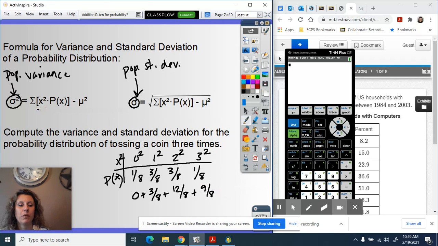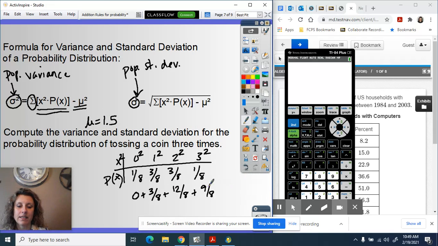So we've just performed this portion of the formula. We still add them together. So we're going to add those straight across. But then we can't forget that we're going to subtract off the mean squared, which remember, we calculated the mean in the last slide. The mean was 1.5.